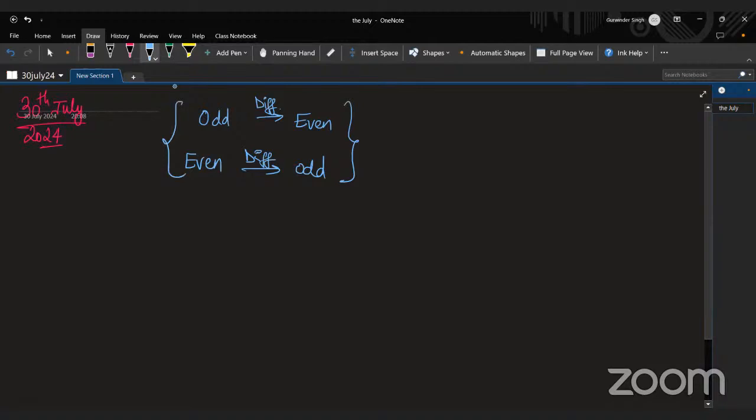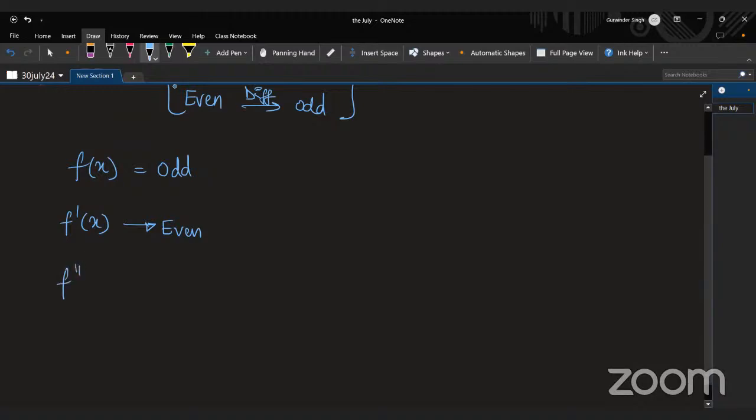So basically, you have a function f of x, let me assume it to be odd. If you differentiate it one time, that is f dash x, this f dash x becomes even, right? But when you take its double derivative, you are basically trying to differentiate this thing. What is double derivative? Everyone knows, right?